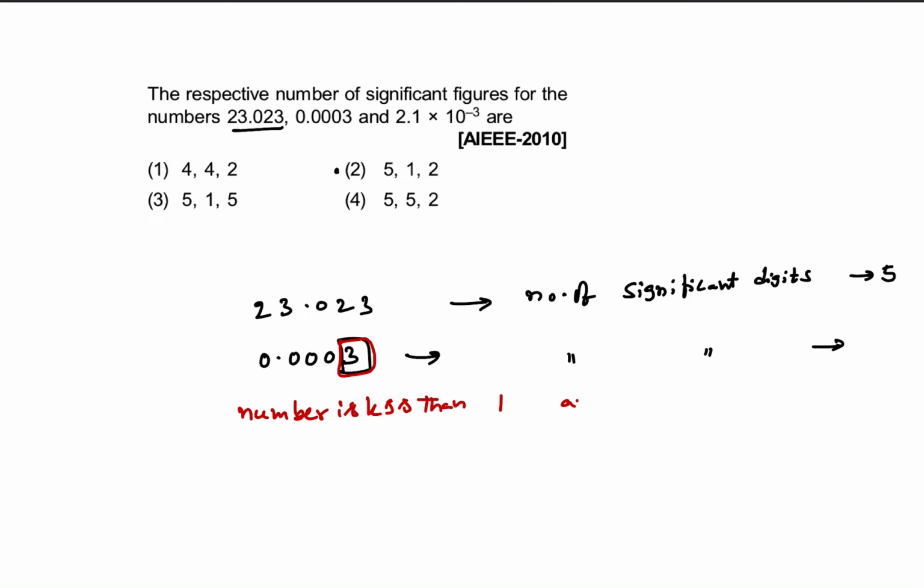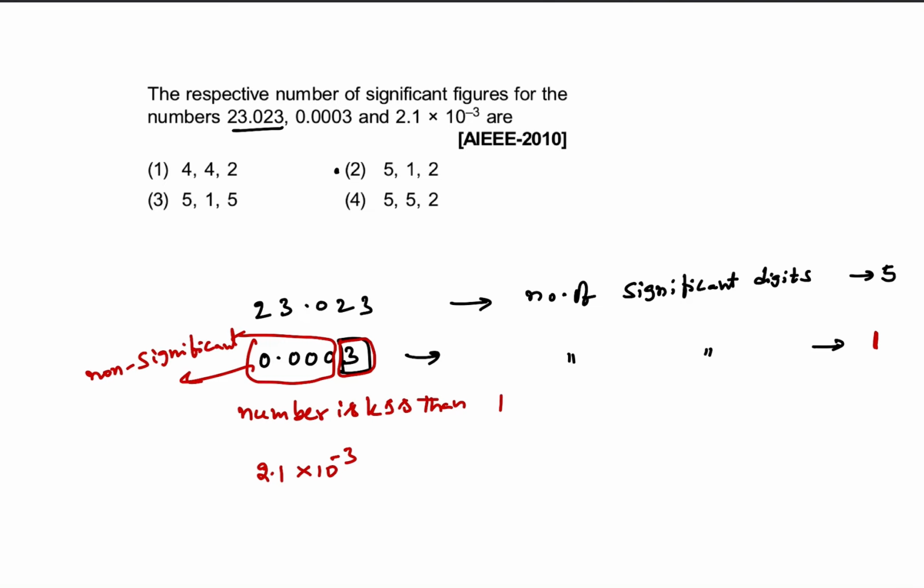Why is only one digit there? The number is less than 1, and we can see all zeros there. Whichever digits are to the left of the non-zero digit are non-significant, or insignificant.